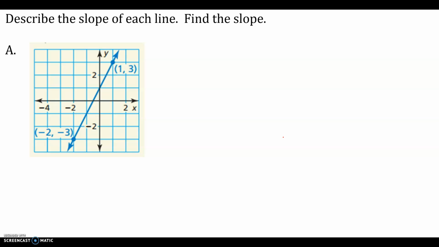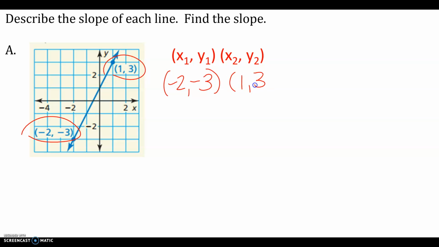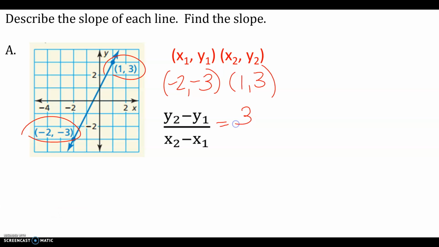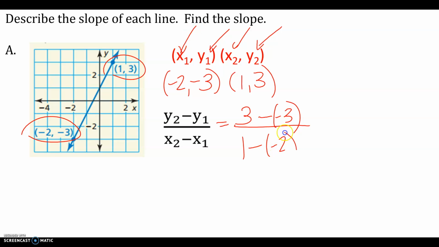We know what the answer is already, but we're going to use our points. Let's say this one is going to be our x1, y1, and then this one will be 1, 3. So here's our formula. All we have to do is plug in our numbers. We got 3, minus negative 3, divided by 1 minus negative 2.